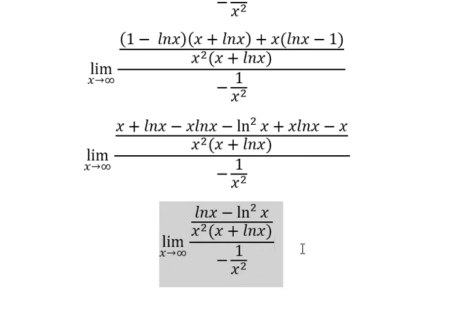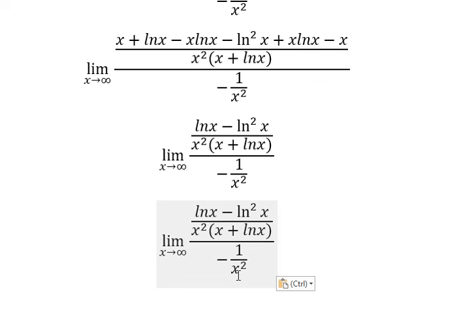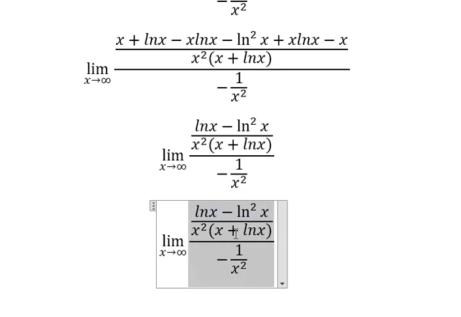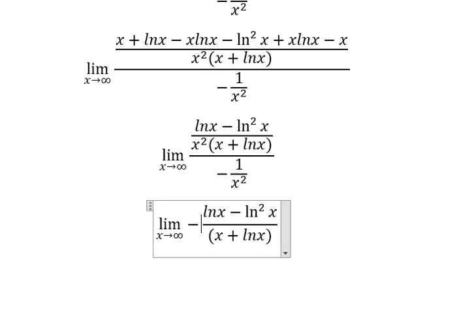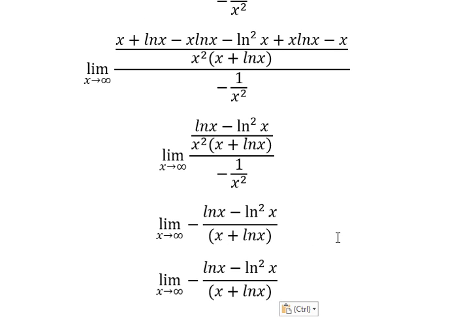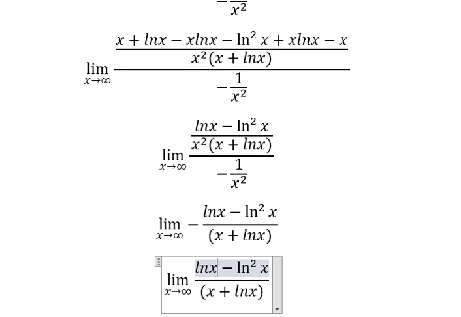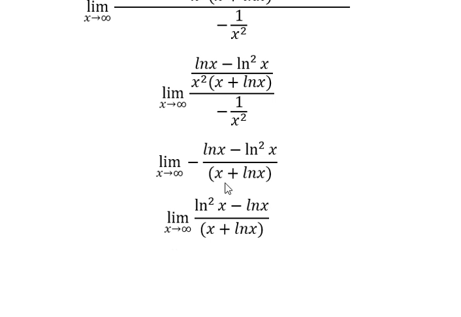Next, we need to simplify 1 over s squared, 1 over s squared, and I will put negative going here, and negative will change the sign of this one. Next, we can do factorization by lnx.